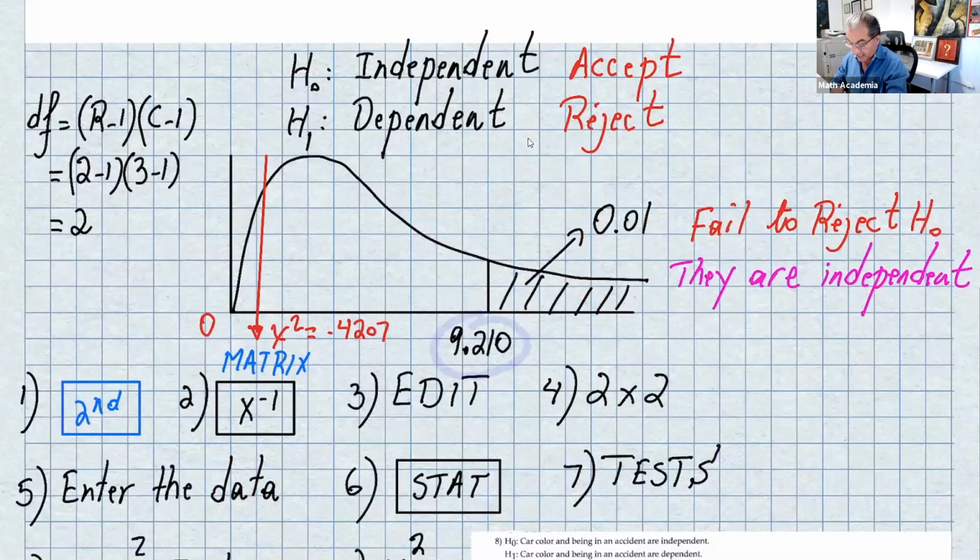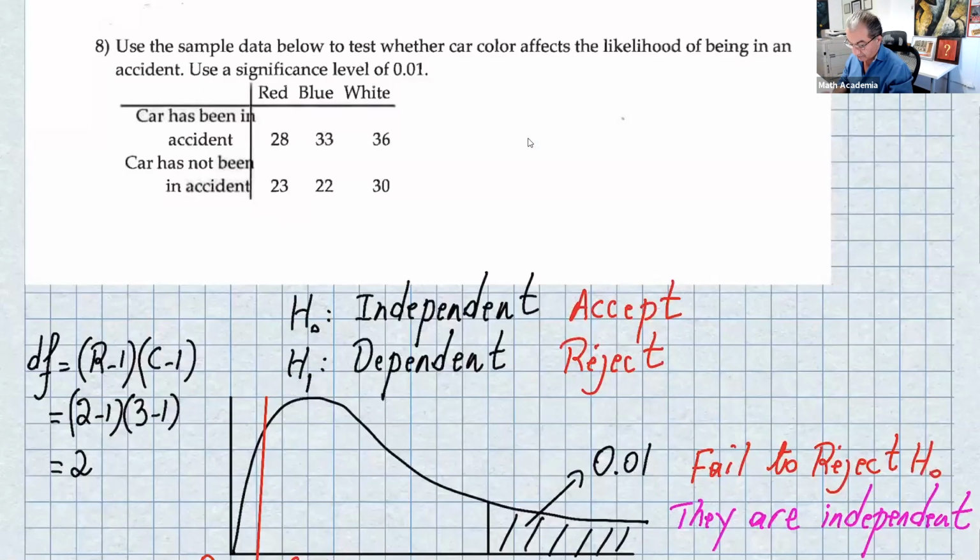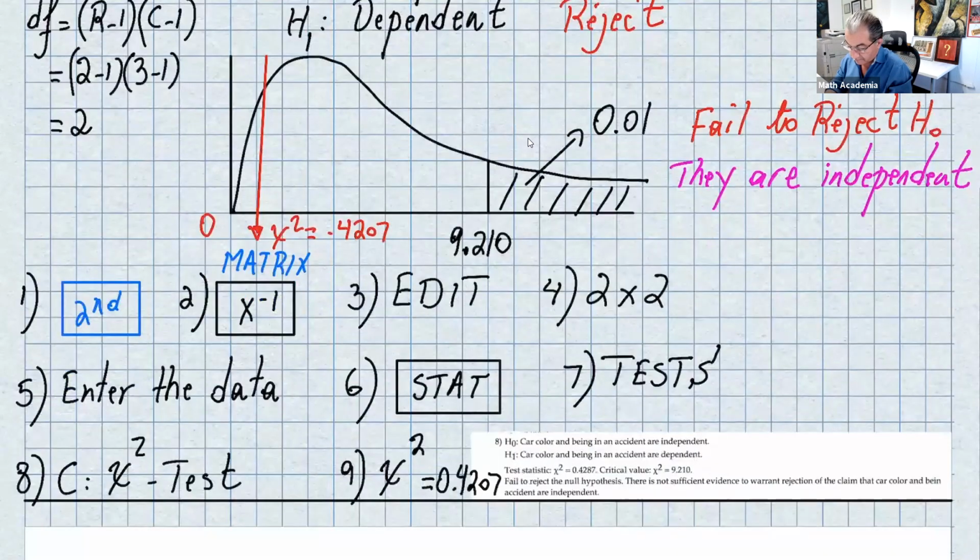To calculate the test statistic, same thing, second function, matrix, then scroll to edit. Pick here, it's not 2 by 2, but it's 2 by 3. Enter the data, then stat, again, test, chi-square test.